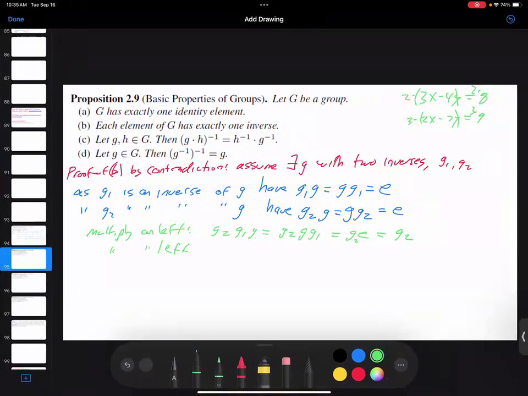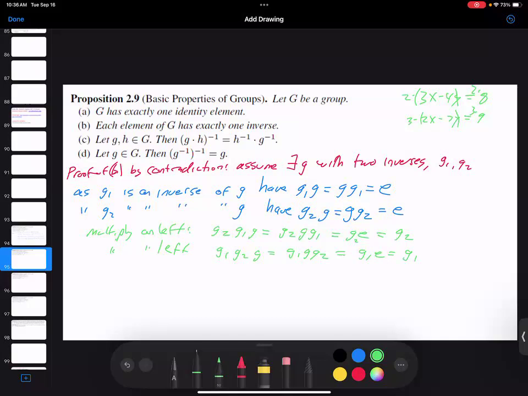Then we would get G2 G1 equals, oh, I'm sorry, we're multiplying on the left, sorry. So multiplying on the left, we would get G1 G2 G equals G1 G G2 equals G1 E equals G1.